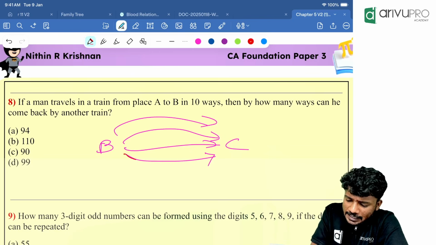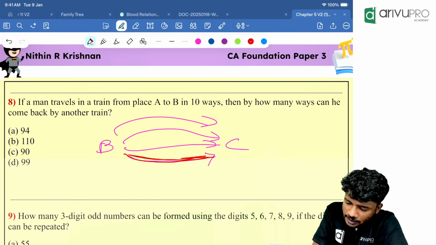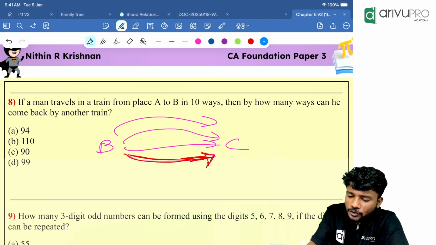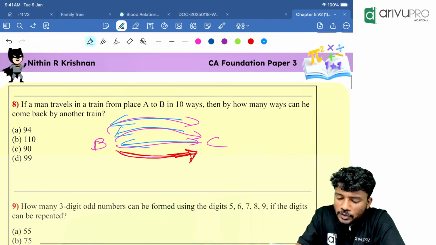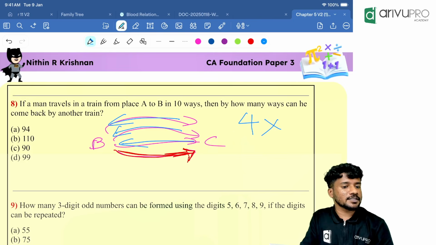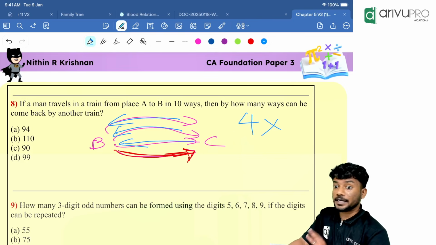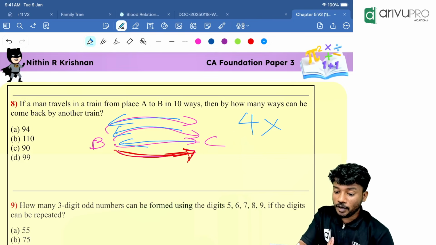For example, I came in this train. That means while going back, I cannot choose that train. I can only choose any of the other 3 trains. So the approach should be: while coming, I had an option of 4 trains. While going back, I cannot take the train which I came in. So how many are remaining?